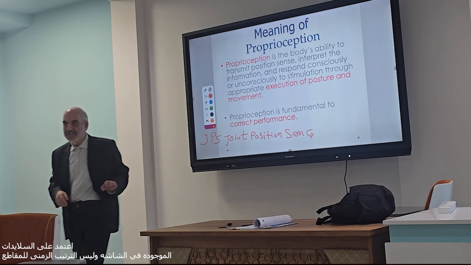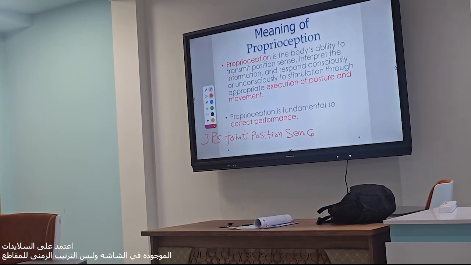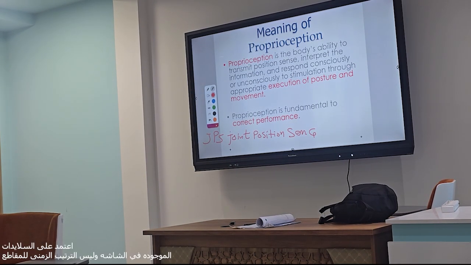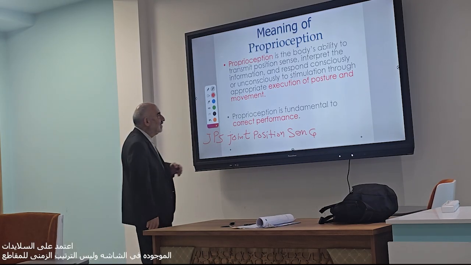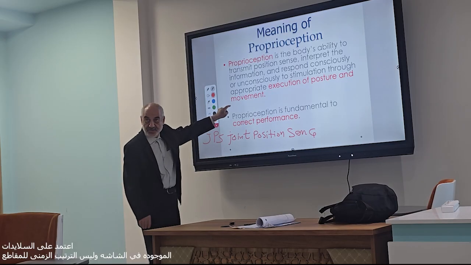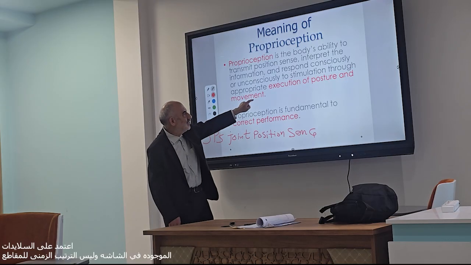JPS, joint position sense. When you sit here, the joint sends information to the cerebellum. This is proprioception. The muscle sends information too. Proprioception is the body's ability to transmit position sense, interpret the information, and respond consciously or unconsciously to stimulation through appropriate execution of posture.